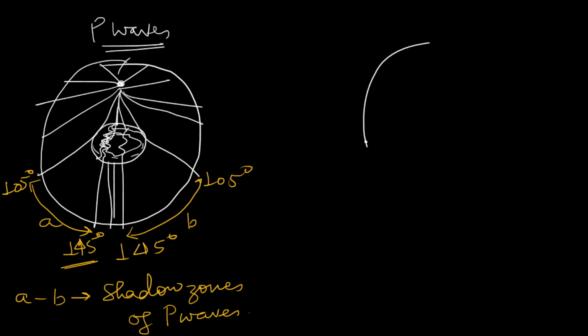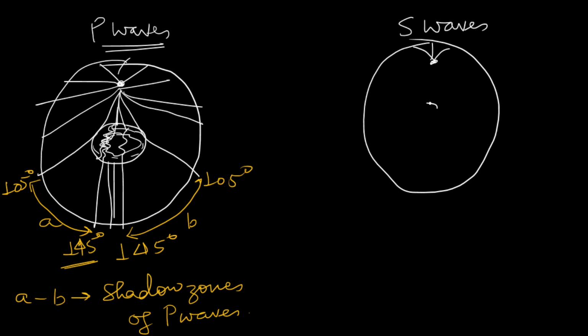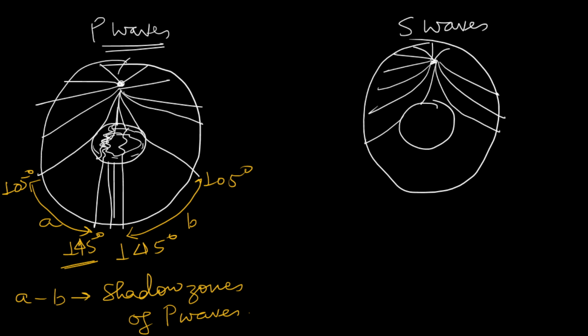Now let's see the shadow zone of S waves. Suppose this is the hypocenter. From here the energy is releasing, and this is again the outer core. What you will see is that the S waves are not able to come out through the outer core. Why?